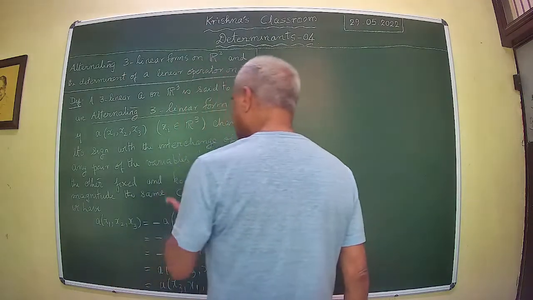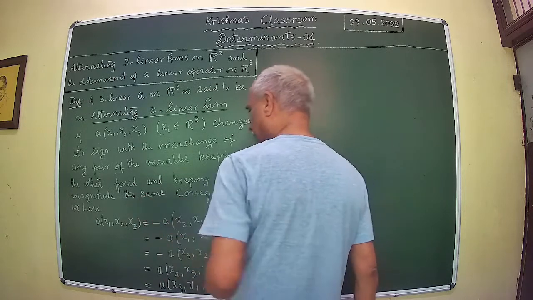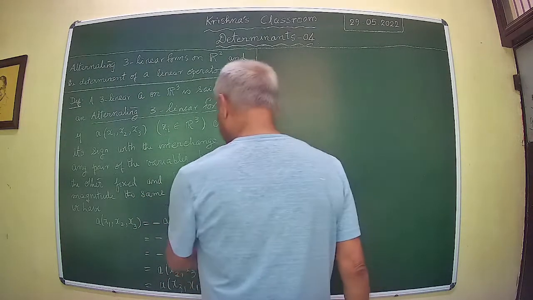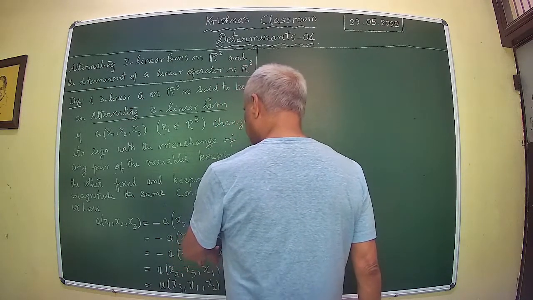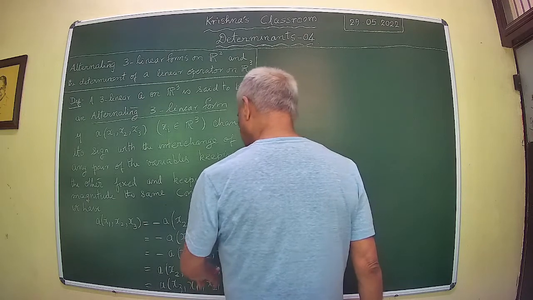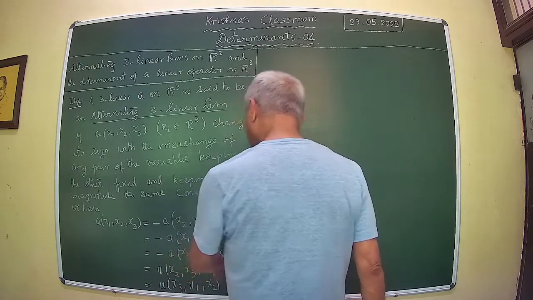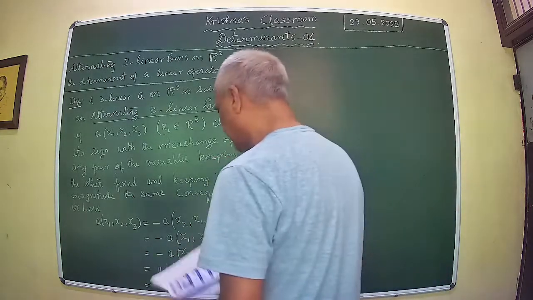One pair of arguments has been interchanged. Similarly, here the x2 and x3 have been interchanged, and here x3 and x1 have been interchanged. Therefore, there is a change in sign, but the magnitude remains the same.